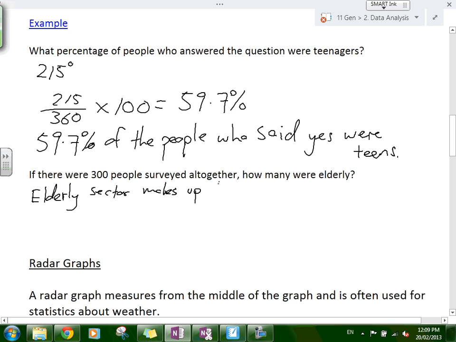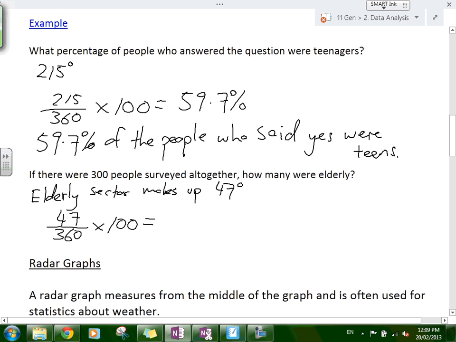The elderly sector makes up 47 degrees. And so we find that percentage. We have to find that as a percentage and then find that percentage of 300. So this is the way that we're going to work it out. 47 over 360 multiplied by 100 is equal to what?